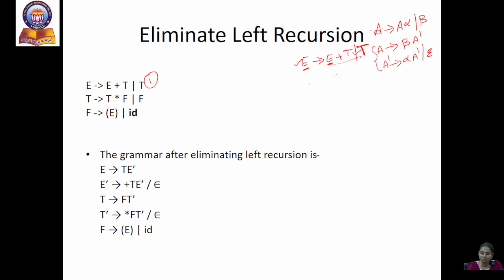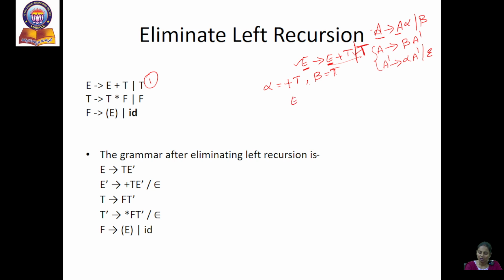So now you can check: here A, that is E, is common, so which is alpha? Alpha is equal to plus T and beta is equal to T, that is the slash T. So now we can rewrite like this.